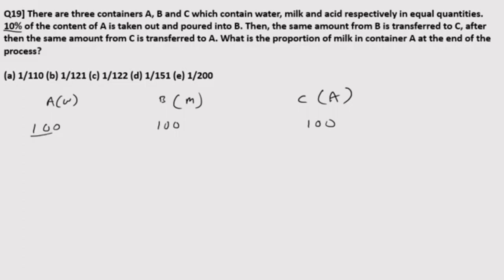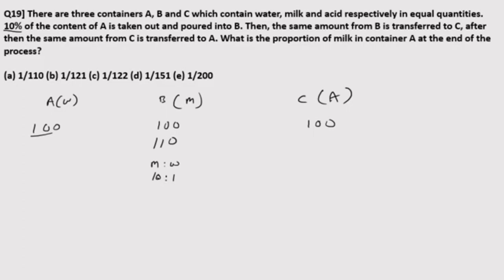From that I take out 10 and pour into B. So in B the quantity becomes 110, and the milk to water ratio is 10:1. How 10:1? 100 liters were milk, 10 liters we brought from vessel A.